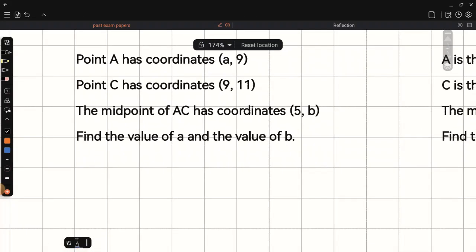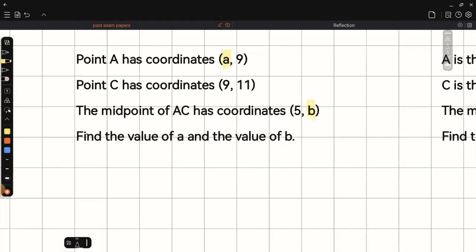In this question, they're giving us the coordinates of point A. However, the exact value of the x coordinate is unknown, and we are given the coordinates of point C. We also know that the midpoint has coordinates (5, B).